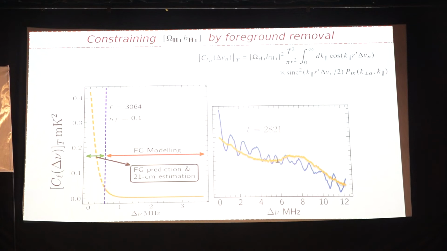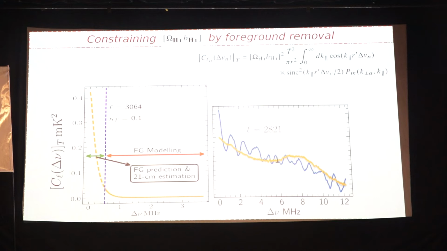Okay, so we further wanted to improve our estimates of omega HI and b HI, and we considered a foreground removal approach. Here we considered the fact that the 21 centimeter signal is expected to look like this. If you know the dark matter power spectrum, we can get an estimate of what the 21 centimeter signal will look like given a fiducial value of omega HI and b HI.